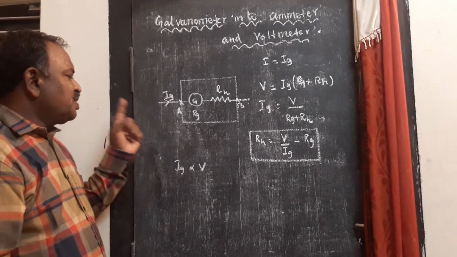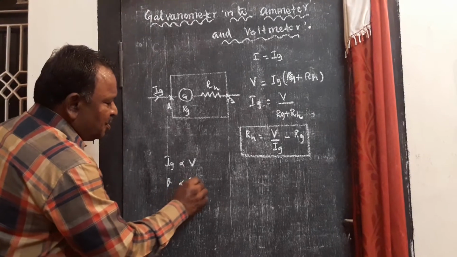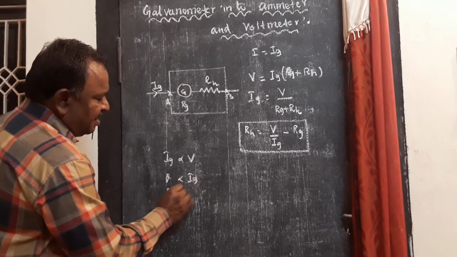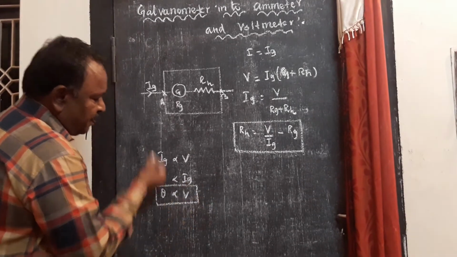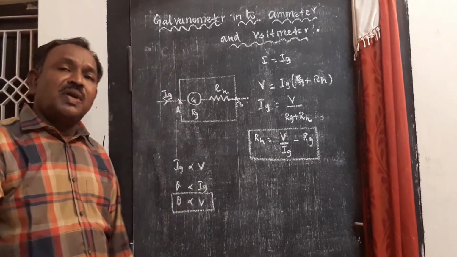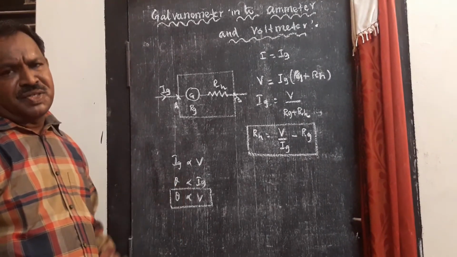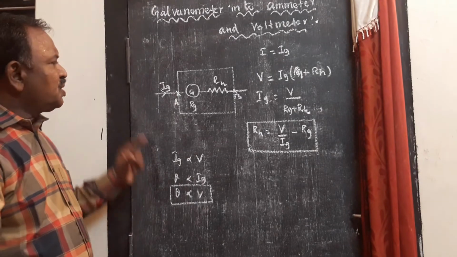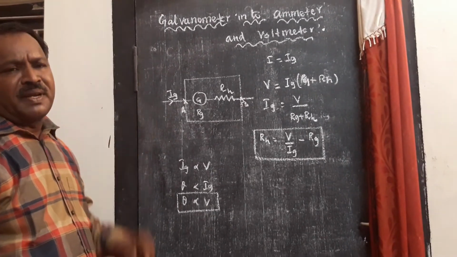So the deflection produced, theta, is proportional to Ig, that is, theta is proportional to V. So the deflection produced in this galvanometer is proportional to the voltage, and it will directly measure the voltage in the circuit. So this is how to convert a galvanometer into a voltmeter.